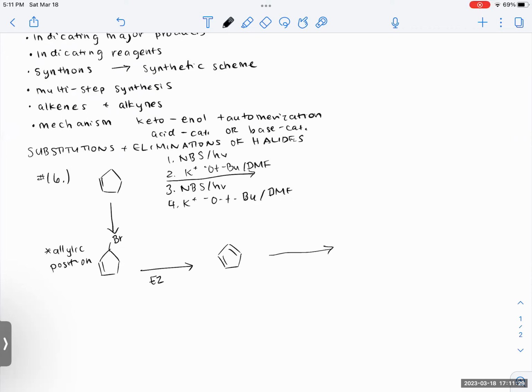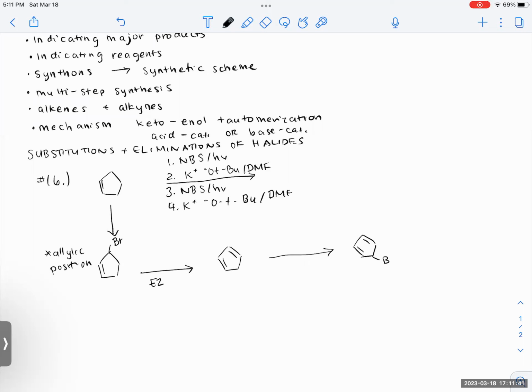So then the next step is going to be NBS and light again. So where are we going to add our bromine this time? Bottom right. The only available carbon left. And then we have our last bulky base.